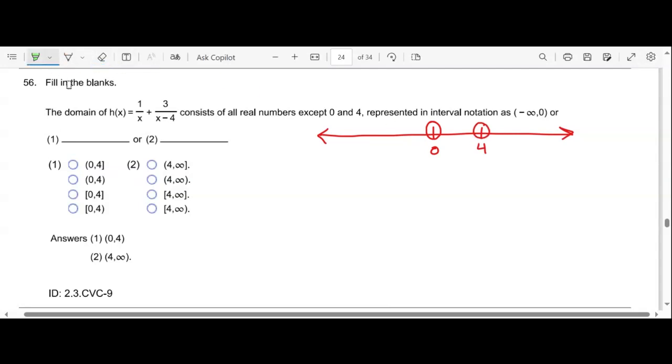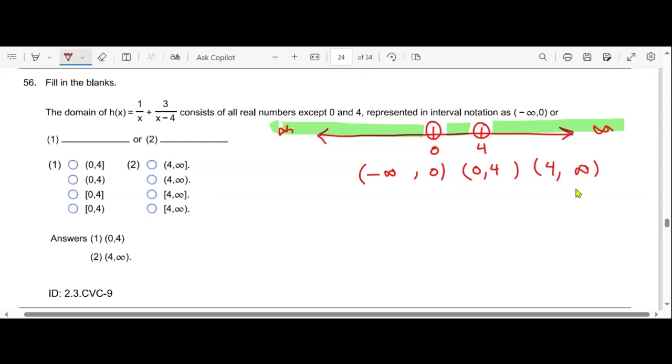So what's your answer, Ahmed? Negative infinity to 0. Okay. Are you sure? What else? Union 4 to infinity. No, from 0 to 4. And then from 4 to where? Infinity. Right.